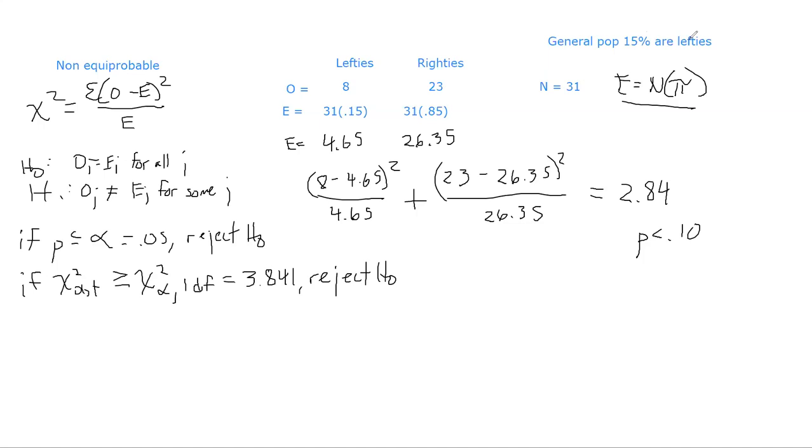It's not just that they're not equal, but they're not equal in a specific way, and those probabilities need to be expressed somewhere in the problem that you're being assigned to work with. So check that out if you're not sure whether to do the equiprobable or the non-equiprobable version of this chi-square test. All right, so those are the examples I prepared.